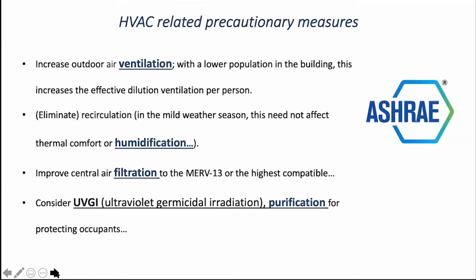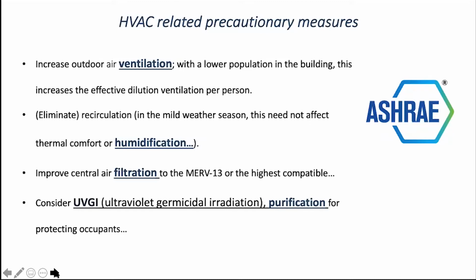The first thing that they address is ventilation. The second thing is humidification. The third thing is air filtration. And the fourth thing is what's called UVGI, or air purification. UVGI is ultraviolet germicidal irradiation. It will also be referred to today as UVC, or ultraviolet C light.